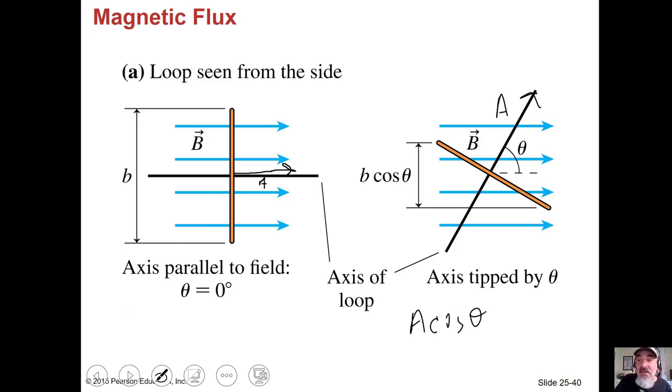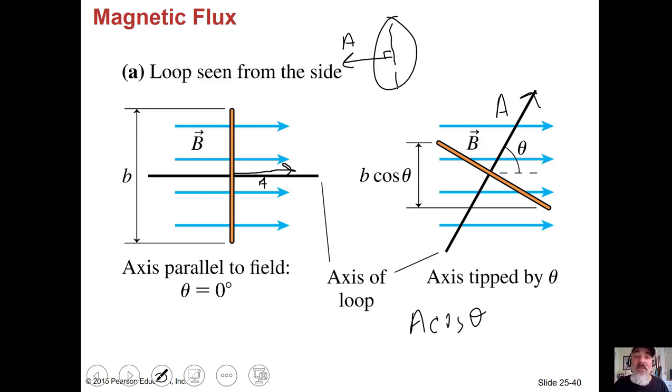So it's the angle between B and A. Okay? So it's weird to think of an area vector. So if this is a loop, the area vector is perpendicular to the plane that the loop is in. If that makes any sense there. That's a pretty good picture, I think.